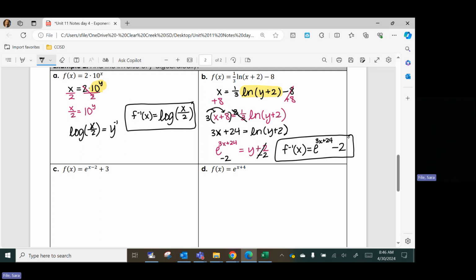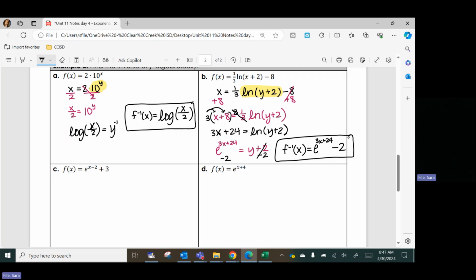So far, so good? Okay, let's try the next one then. All right, so we've got base e to the 2x plus 3.